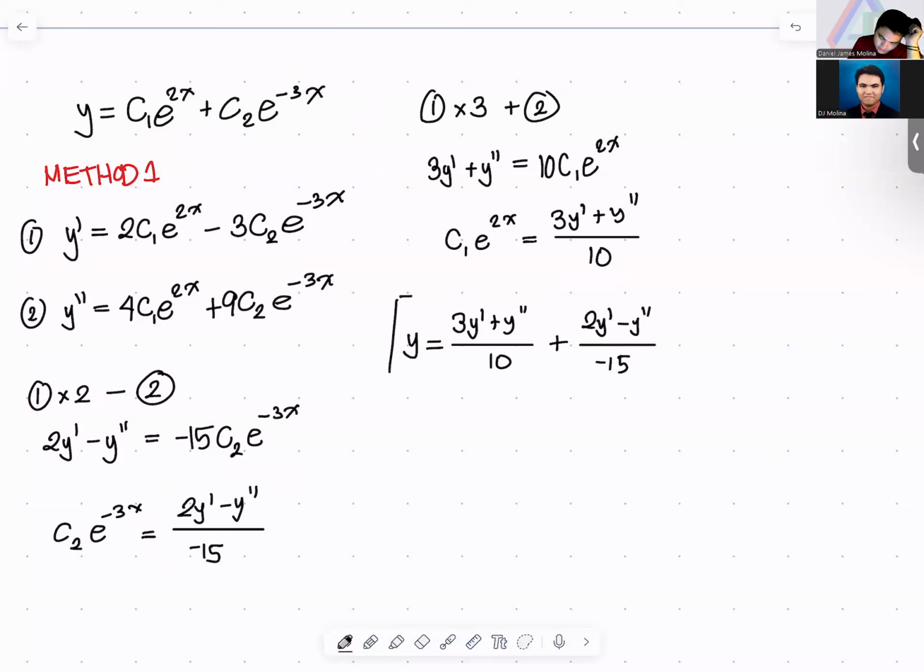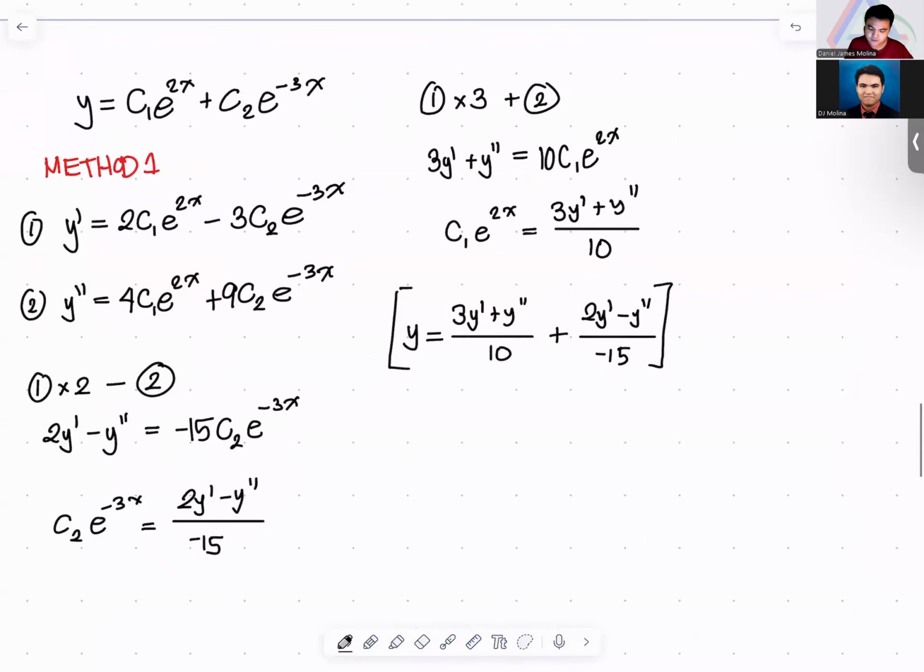Now let's multiply the whole equation by its least common denominator, and that's 30. So we have 30y equal to 30 divided by 10, 3, times 3y prime plus y double prime, then negative 2 times 2y prime minus y double prime.